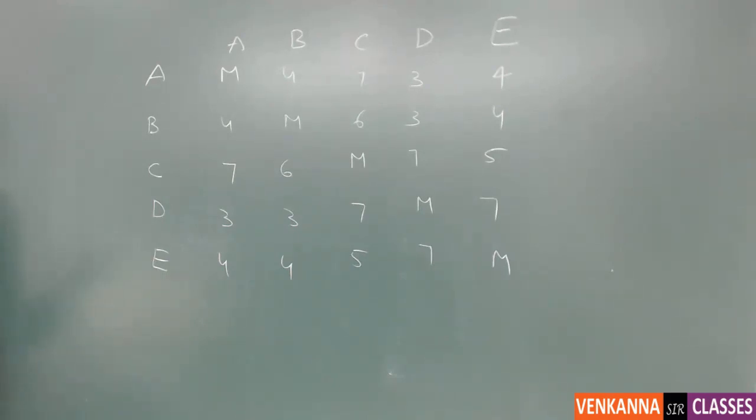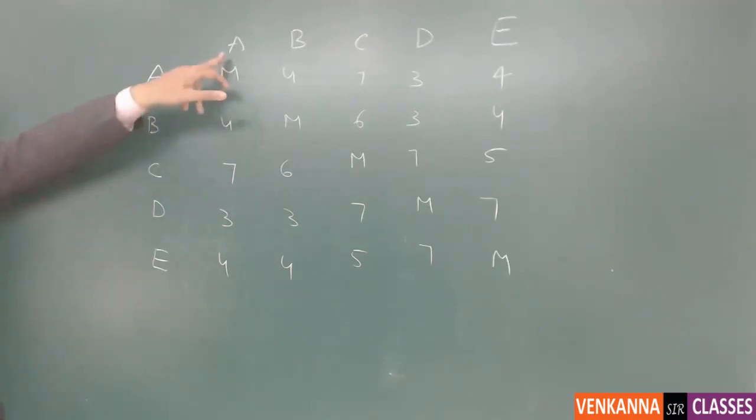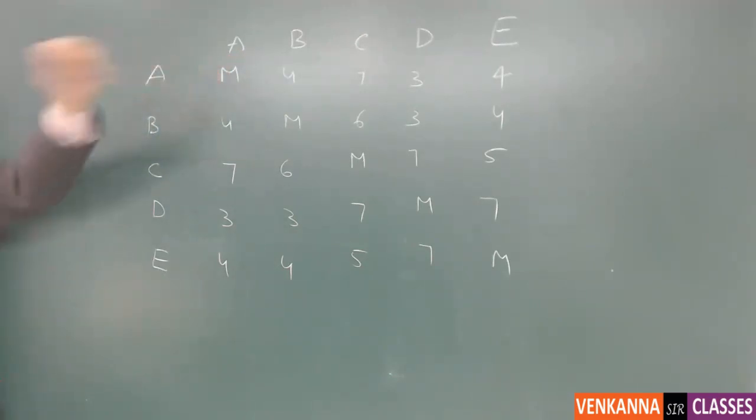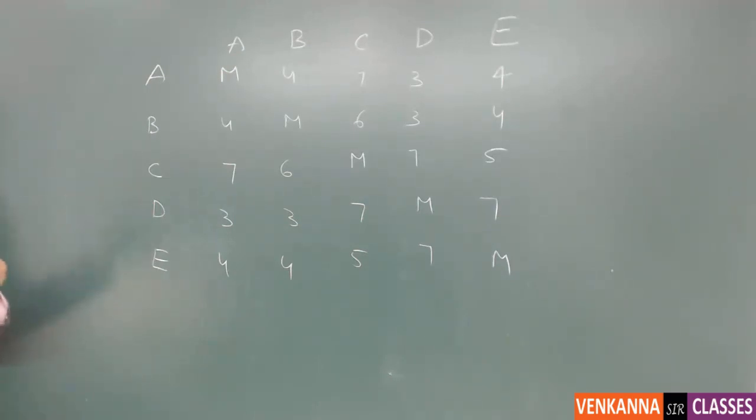Is the objective clear? In the same way, if I am a salesman, a traveling person, here I have 5 cities or 5 places, let me say A, B, C, D, E. I want to travel from any one of the cities so that I can visit all the cities exactly once and I will return back.